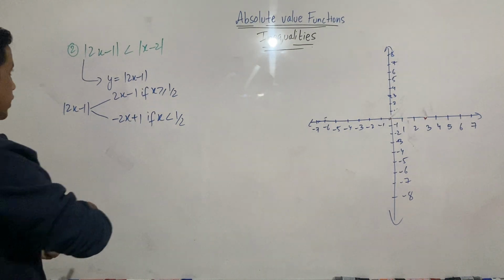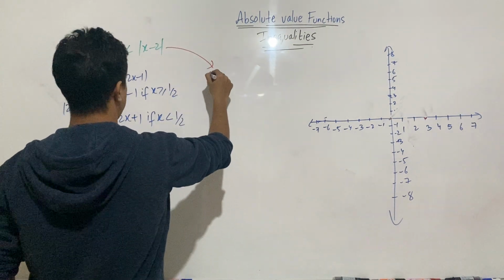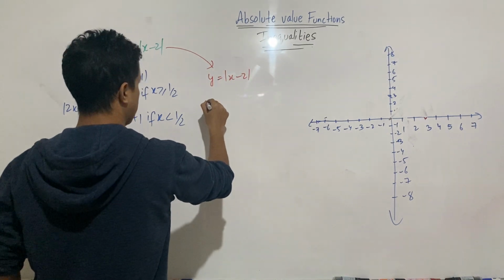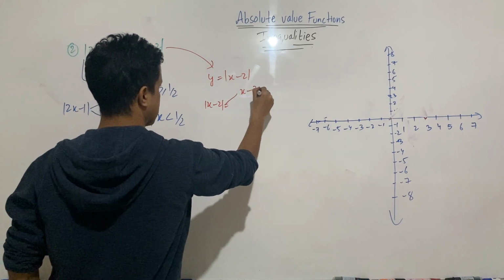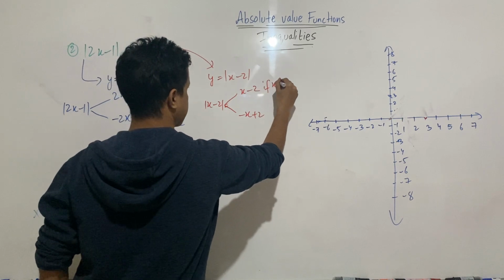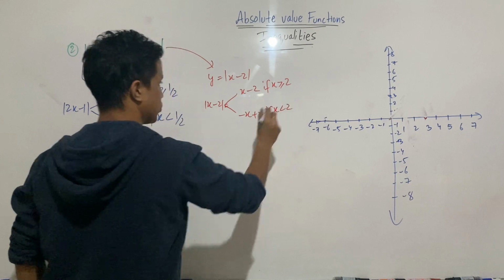And for this one, x minus 2, I can say x minus 2 and minus x plus 2 if x is greater than or equal to 2, and if x is less than 2.